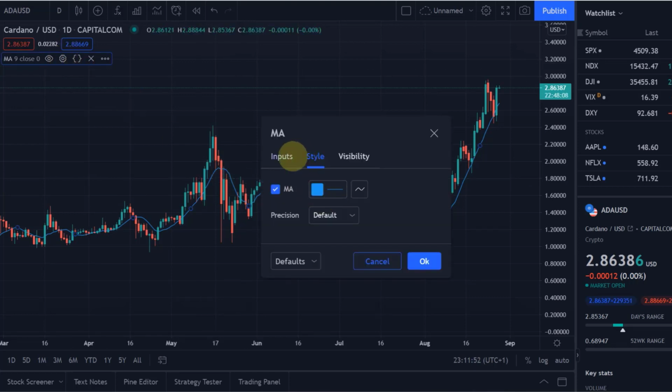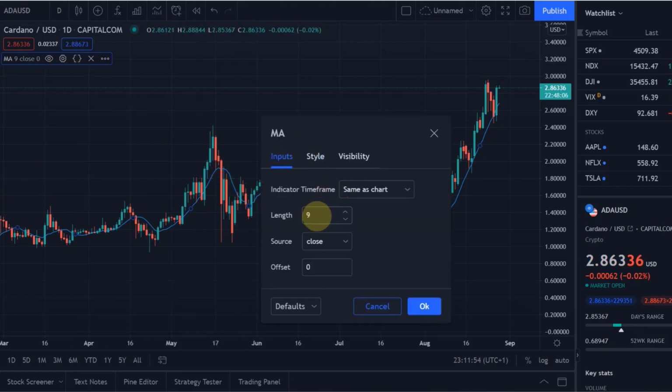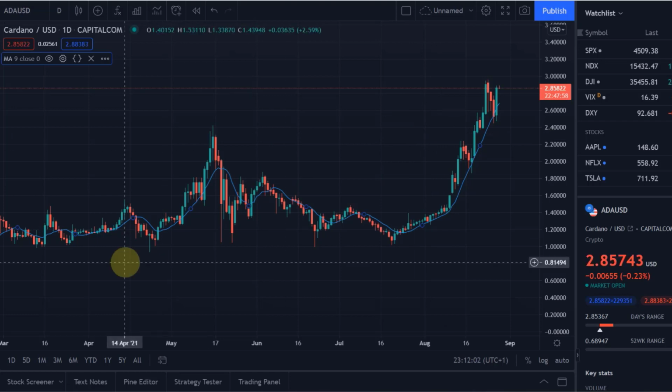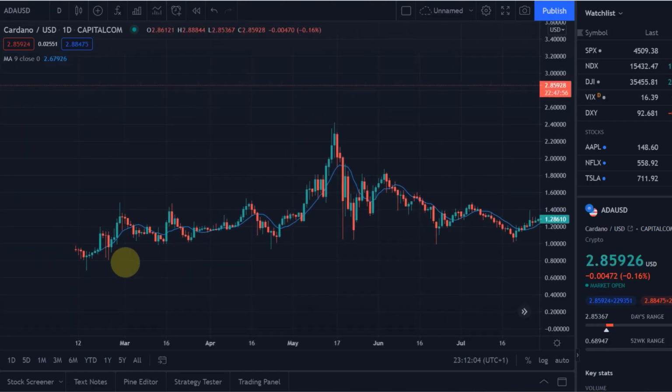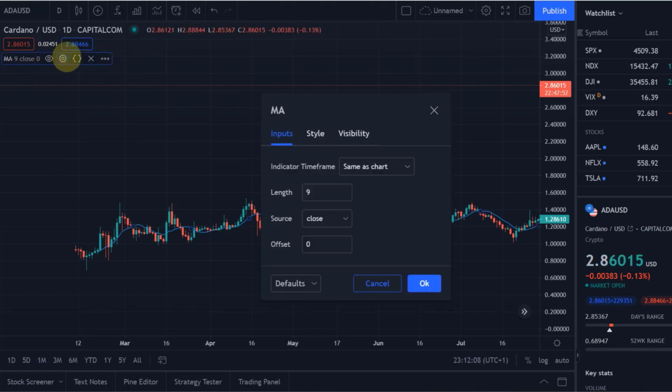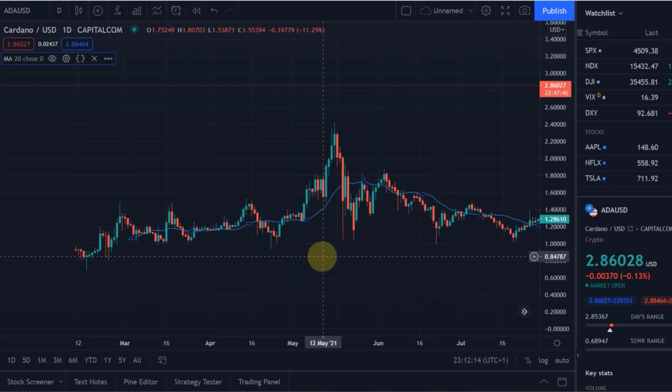You can select the length here. The 9 is the default setting, but you can go to 20 and 50 and 200. We just take the 9 here, just to show this to you. Or to keep it simple, because the 9 really moves all the time with the price, we maybe take the 20, which is the longer term one.